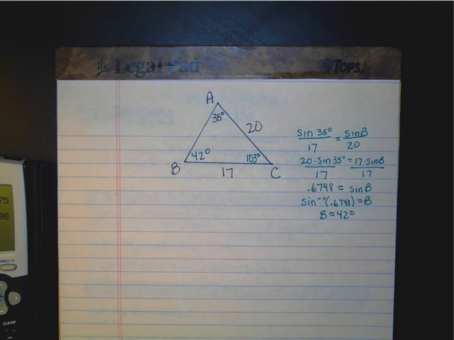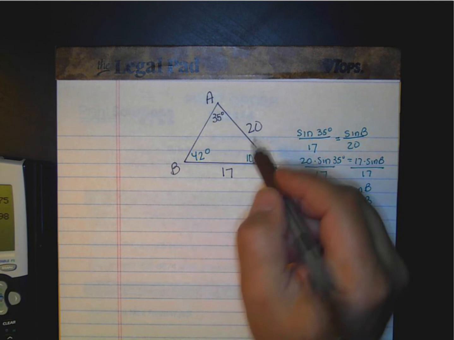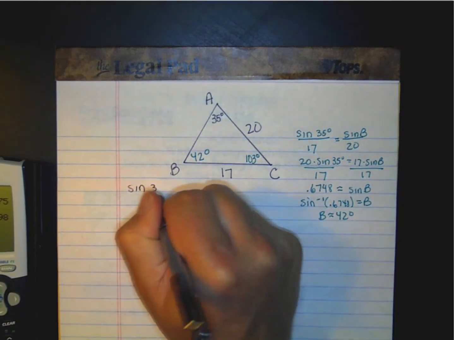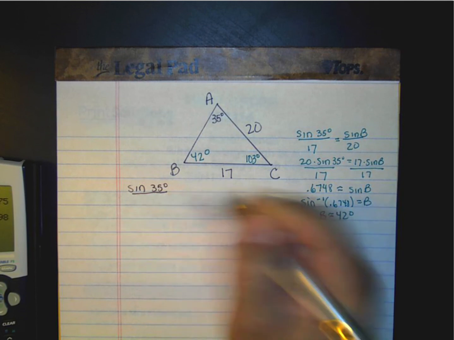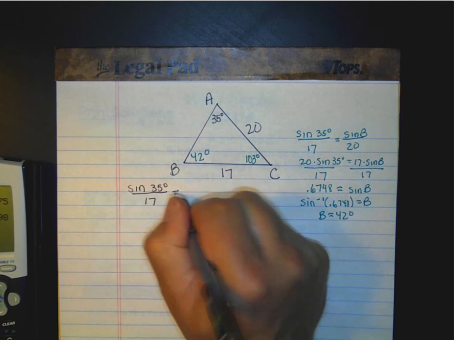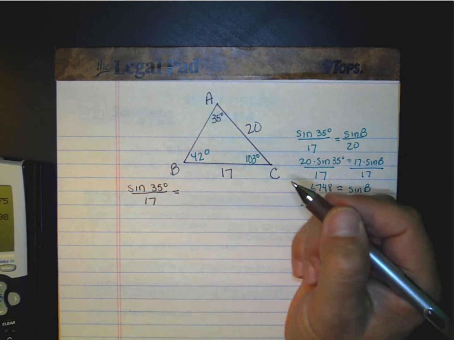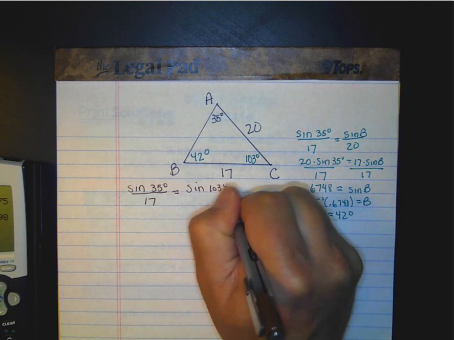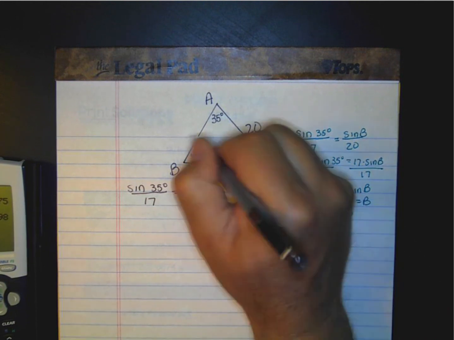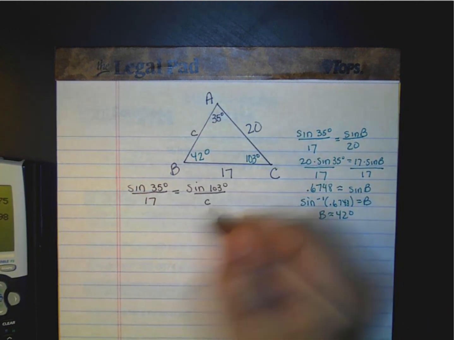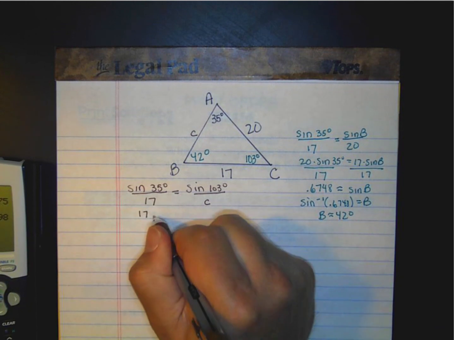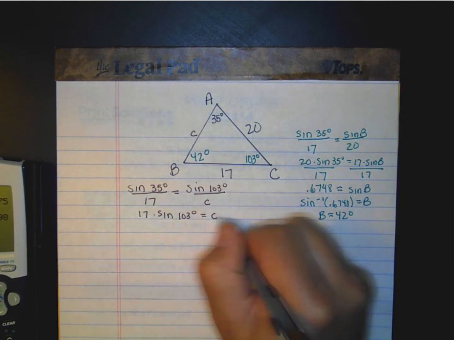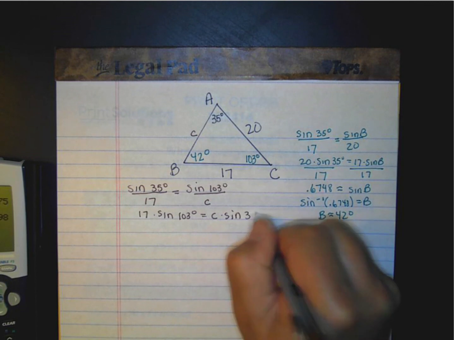Again, I'm going to go with what I originally had. Sine of 35 over 17 equals sine of 103 over, what side is that? That's little c. Again, 17 times sine 103 equals c times sine 35.